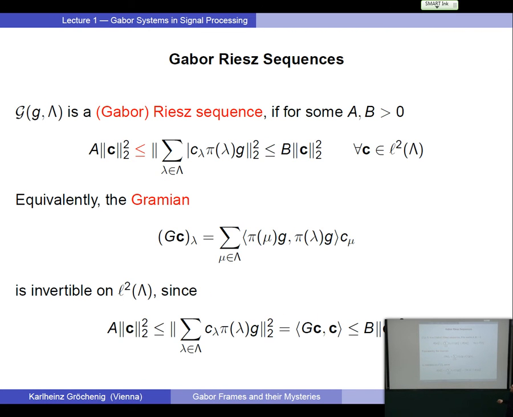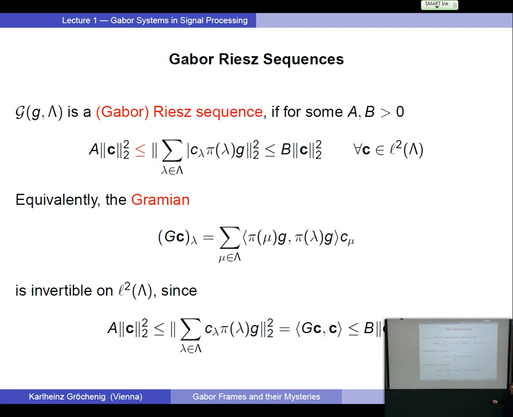And once you have that, you can reconstruct from the knowledge of these coefficients in a stable way. So the dual concept is the one of a Riesz sequence that appeared in wireless communications, where the coefficients c_lambda are information that you want to transmit, and you create an analog signal by taking these coefficients as coefficients of a Gabor series, and that's the analog signal that's being transmitted.